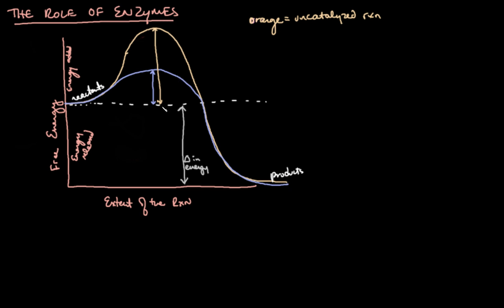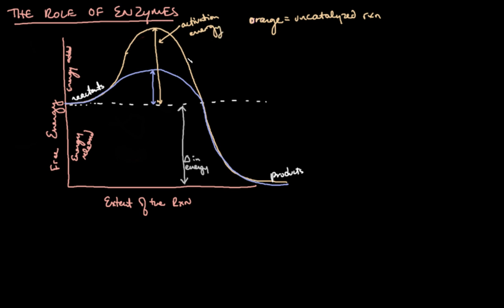If you notice, the distance between the original amount of energy and the peak of this orange graph is far greater. That's the amount of activation energy required. So that is activation energy, the amount of energy that's required to activate a chemical reaction.